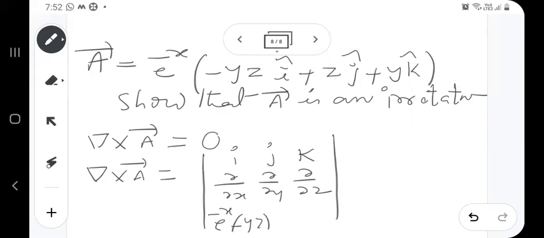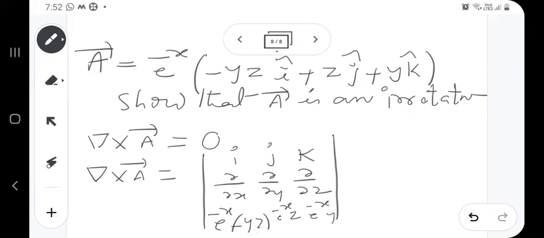The y component of the vector is e power minus x into z, and the z component is e power minus x into y.